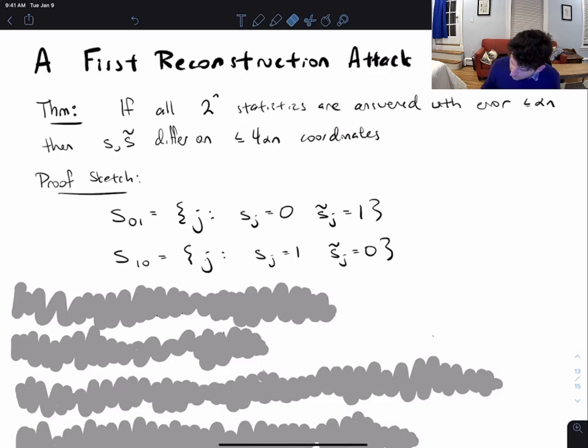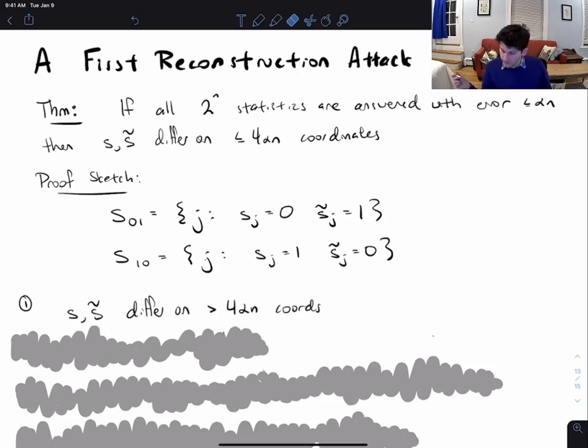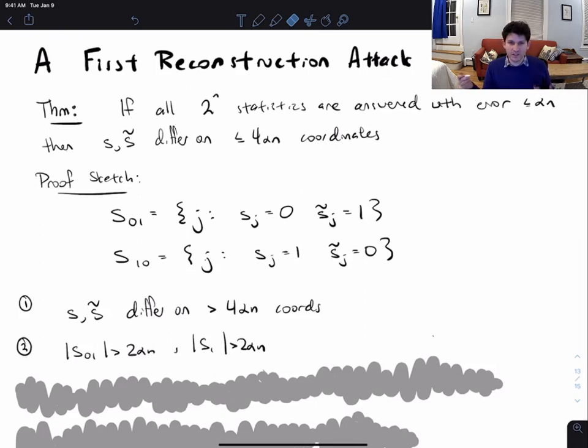And what we want to prove is that if S tilde is far from S, then it can't possibly be the reconstructed secret. So let's assume, for the sake of contradiction, that S and S tilde differ on more than 4 alpha n coordinates. Well, that implies that one of these two sets is bigger than 2 alpha n. Okay, so there have to be either a lot of 0 to 1 flips or a lot of 1 to 0 flips. One of the two things has to be true.